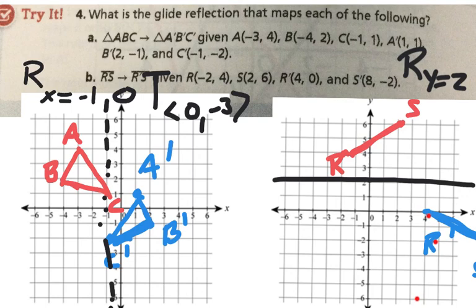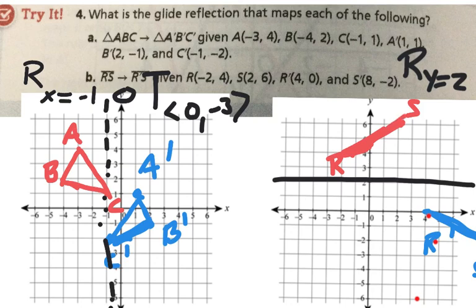I drew my line. Hold on, I drew my line terribly. So that's at negative 2, 4. Which means that this needs to be here. Like that. That looks better.